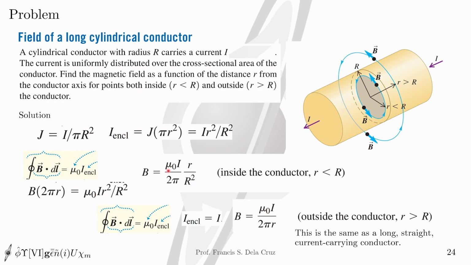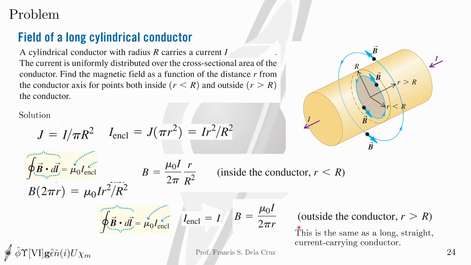But if it is outside the conductor, you will have mu naught I over 2 pi r, because you already enclose the entire cylindrical conductor by that path. Take note that this is the same as a long straight current carrying conductor. Technically, there's no difference.